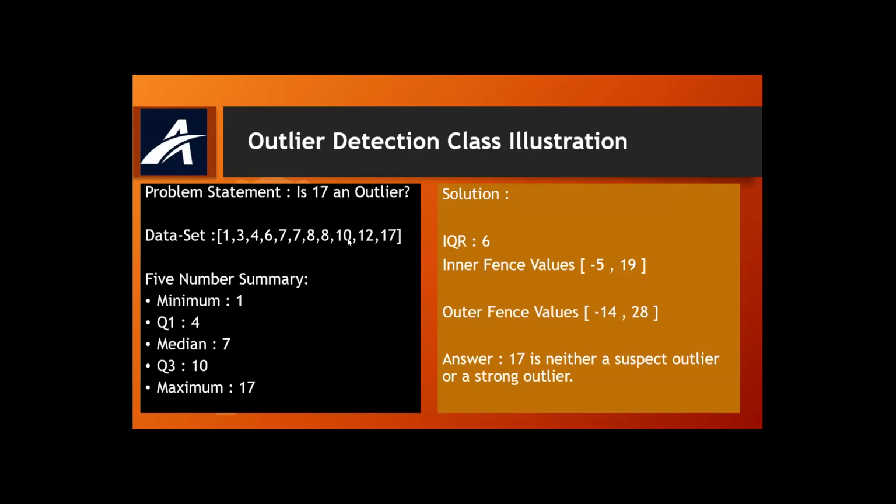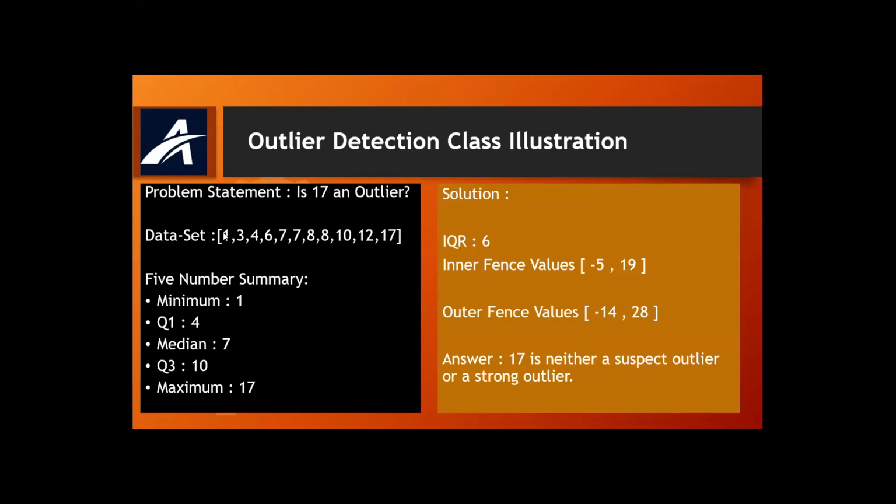When you take the right side and split it into two, the third quartile is 10. So what is the interquartile range? It is Q3 minus Q1, so 10 minus 4 is 6.